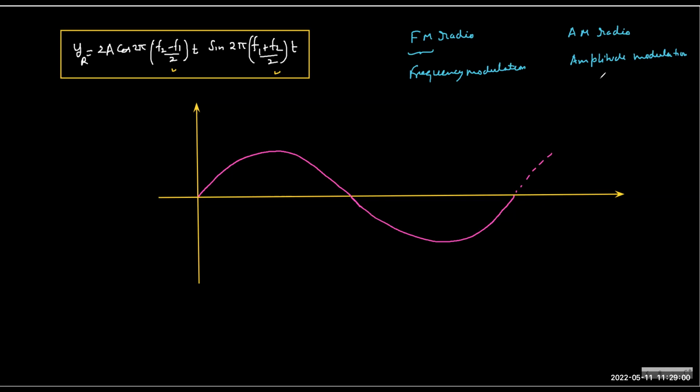So when you try to modify the amplitude, if I draw the other way around, if you plot the graph, the low frequency is oscillating like this.